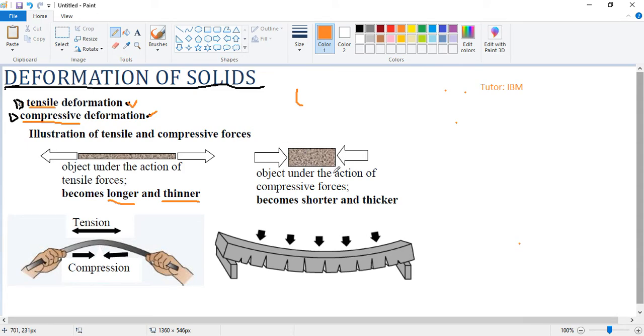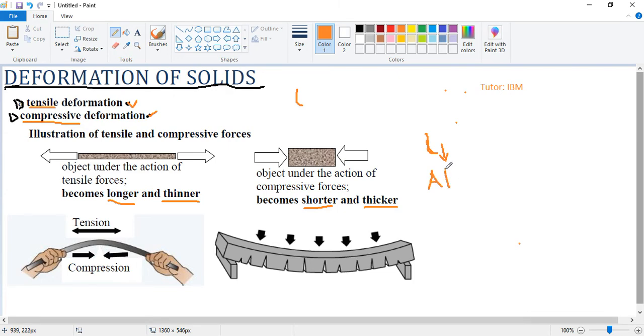What is the effect of these two forces acting on the same object? The effect will be that the object becomes shorter and thicker. What does that imply? The object decreases in length, L becomes smaller, and at the same time the object increases in cross-sectional area.